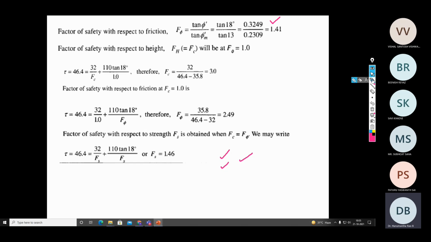So the shear stress is 46.4, then c dash by F c, 32 by 1, plus sigma dash tan phi dash by F phi. If you simplify this equation and determine the F phi value, it comes out to be 2.49.